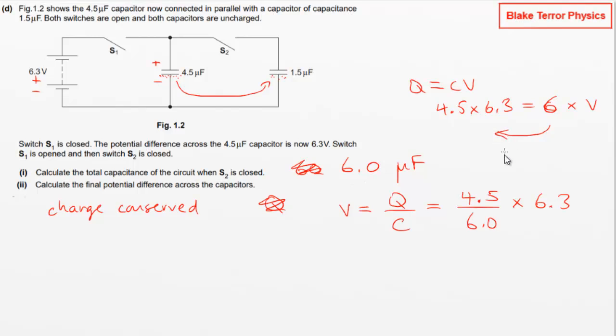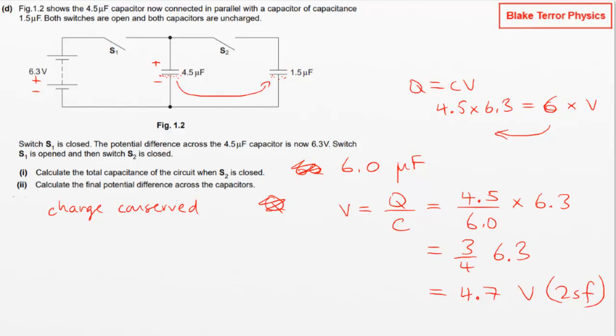So I'm just taking that 6 down to get the new potential difference. We've got 3/4 of 6.3. What's 3/4 of 6.3? 4.5 plus about 2.25, so about 4.7 volts for 2 significant figures. If you want more significant figures, go to the calculator.